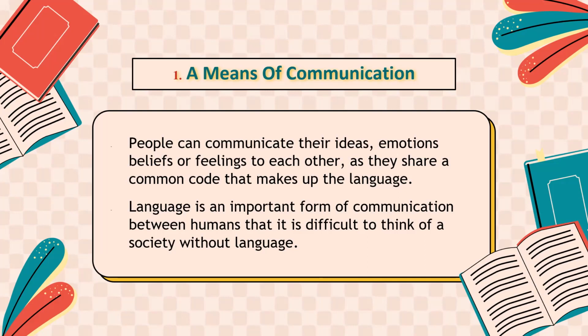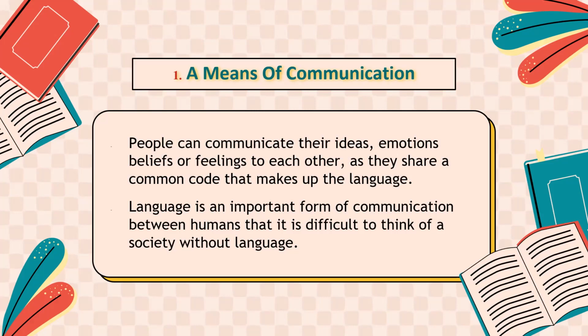They use it to communicate ideas, emotions, beliefs, feelings, and to talk with each other, because they share this common code. They can produce words, and they can recognize and receive words. So they can understand, comprehend, and produce words. This is the communication system.